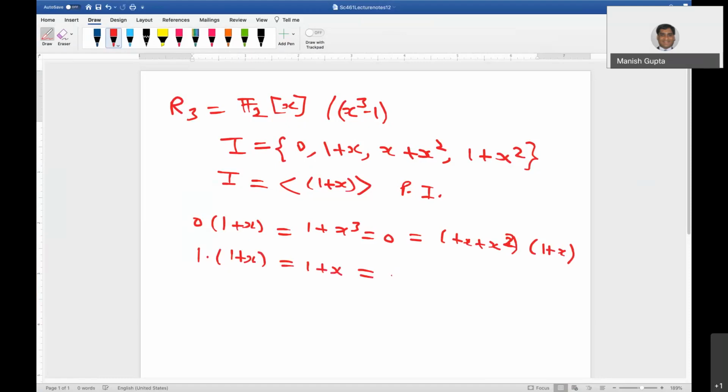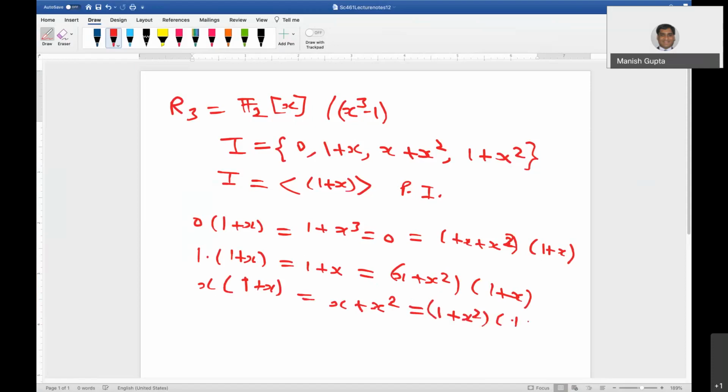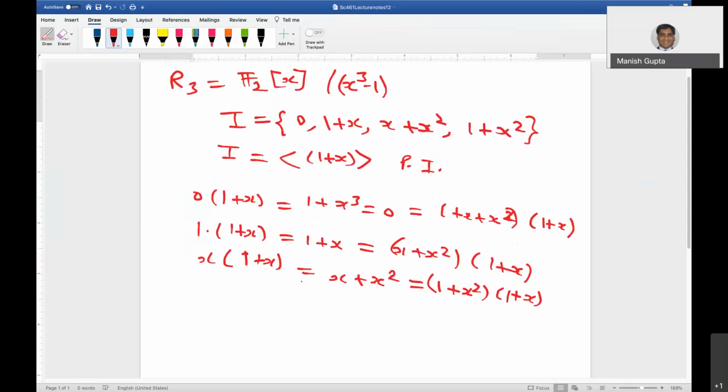This can also be written as x plus x square times 1 plus x. We have x times 1 plus x is x plus x square, which is the same thing as 1 plus x square times 1 plus x. Finally, x square times 1 plus x is the same thing as 1 plus x square, which is 1 plus x into 1 plus x.